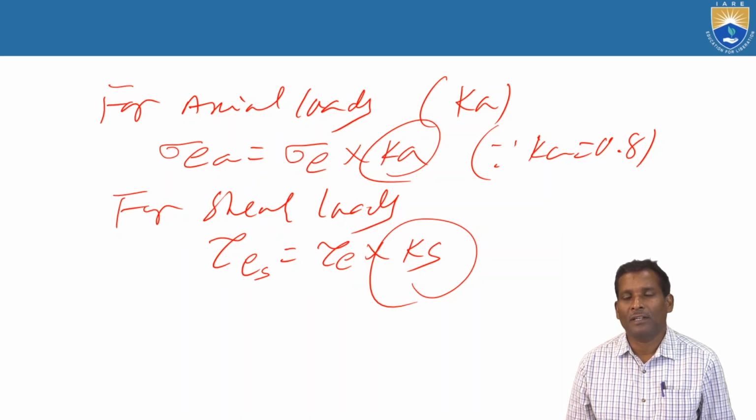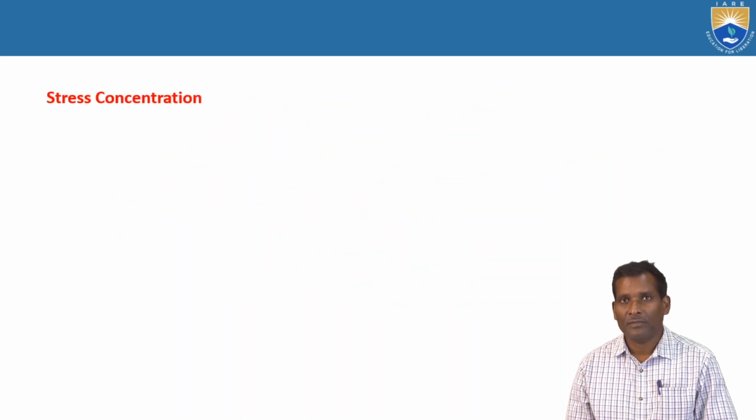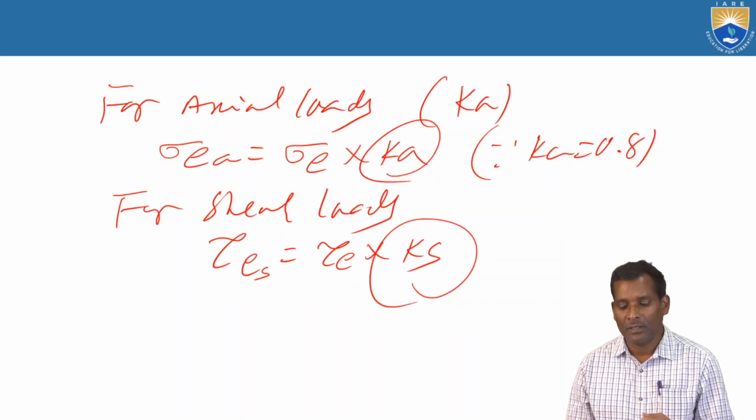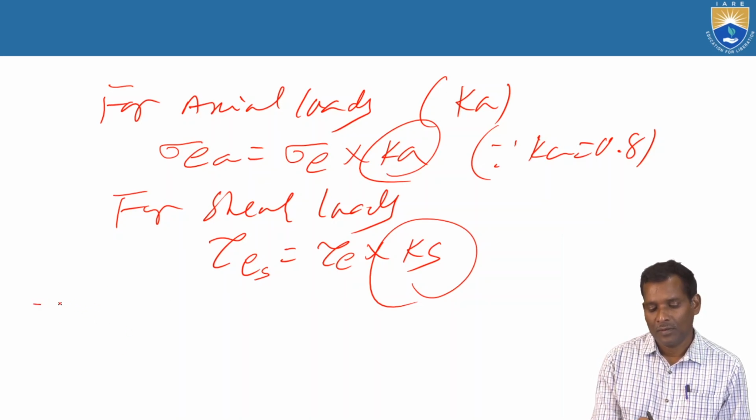So you will get endurance limit values for different loads. Other factors are also there, so I'll explain them here. Other factors are the surface finish factor.